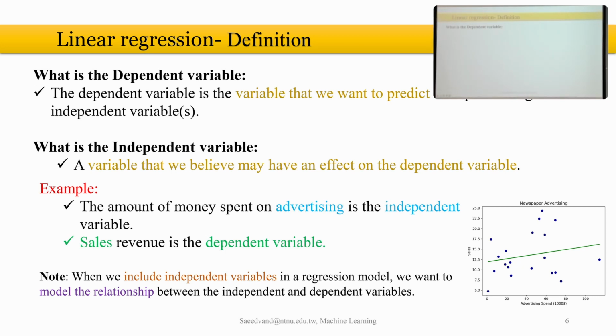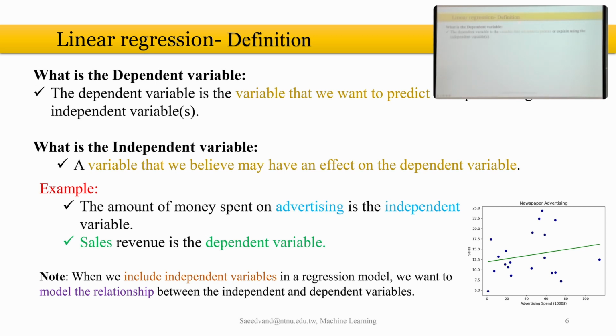Now, let's define what is the dependent variable and what is the independent variable. Two terms that we are using a lot in machine learning techniques. You should keep this in your mind because we are going to use this a lot in the rest.